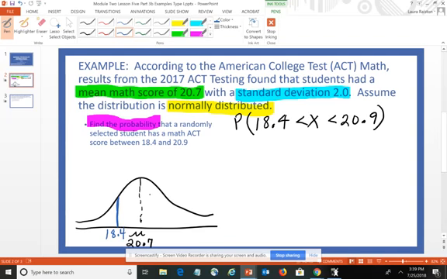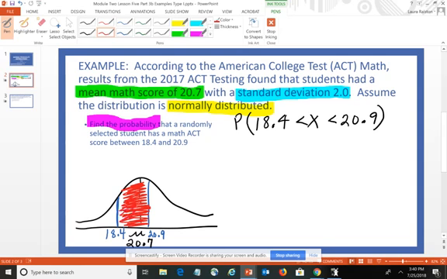The high value is 20.9, so that's slightly above the mean. We want to know the probability that they score between those two, so you're looking for this region in between.